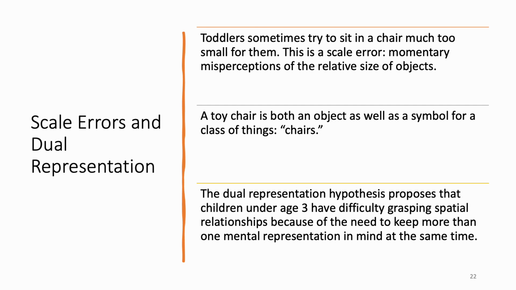The dual representation hypothesis proposes that children under age 3 have difficulty grasping spatial relationships because of the need to keep more than one mental representation in mind at the same time. The toddler can't distinguish between the reality that the chair is an object, but it is also a symbol of similar objects.